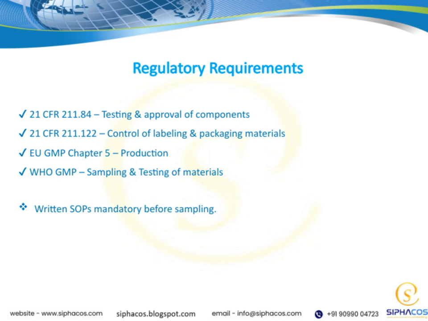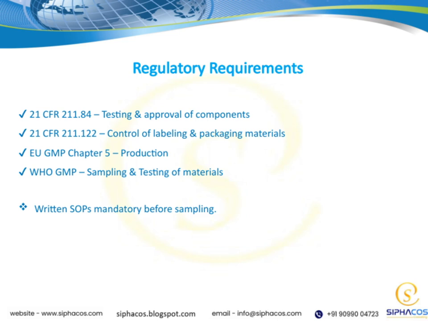Finally, the WHO GMP guidelines on sampling and testing of materials highlight the need for representative sampling to accurately assess the quality of incoming materials. A critical point to remember is that written standard operating procedures, or SOPs, are mandatory before sampling begins.